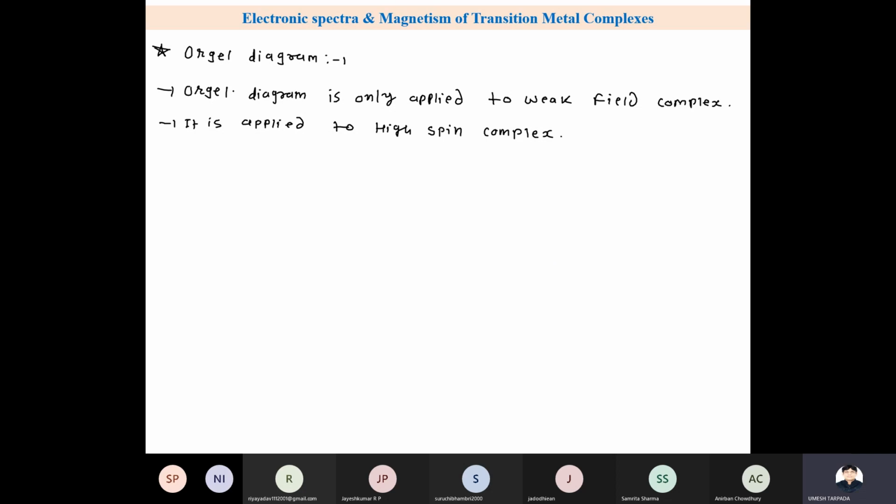So in the case of the D1 electronic configuration of a high spin octahedral complex, if you have a D1 octahedral weak field complex, what happens?